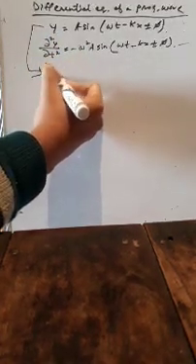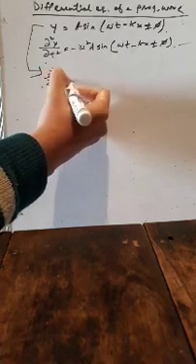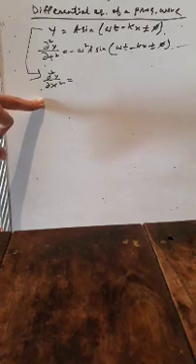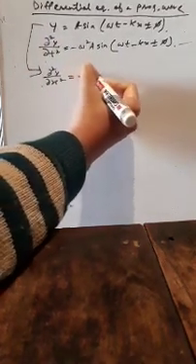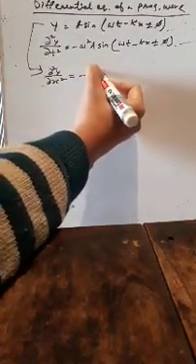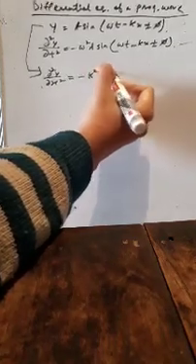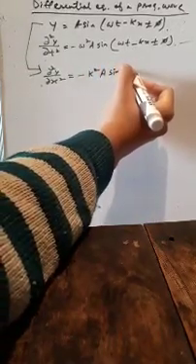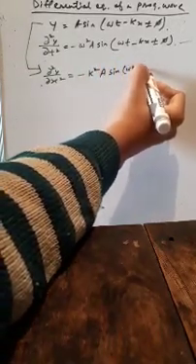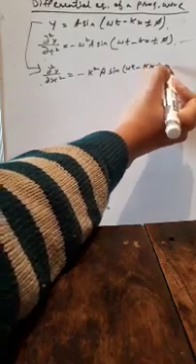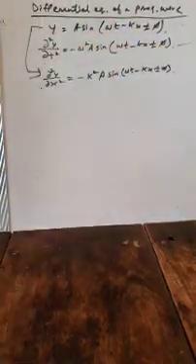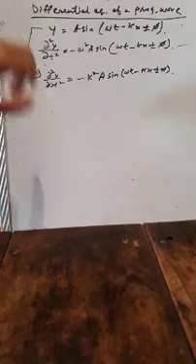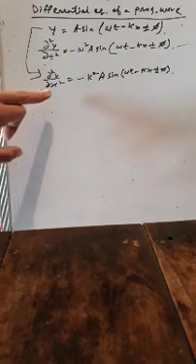So del square y by del x square equals, differentiating this with respect to x twice, minus k square a sine (omega t minus kx plus or minus phi), isn't it? We are just differentiating this y with respect to x twice.